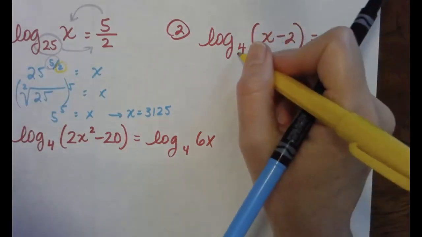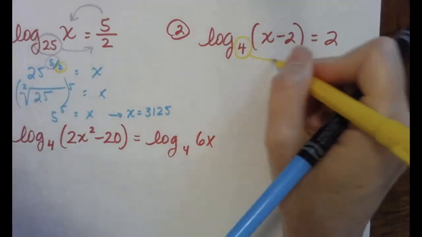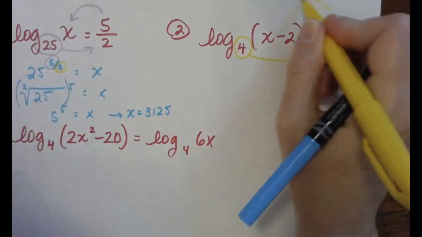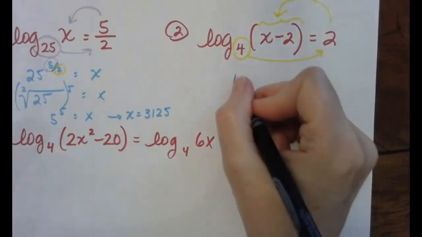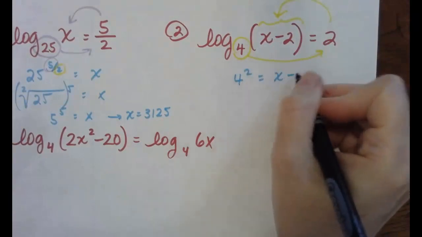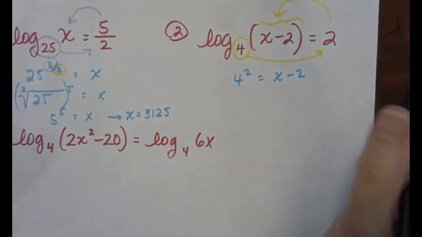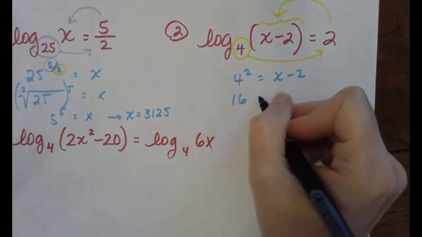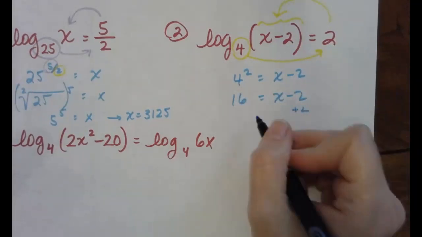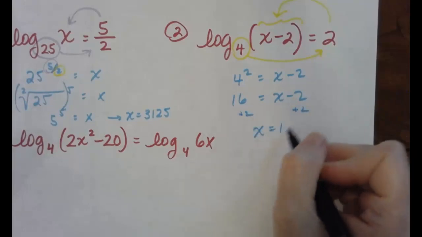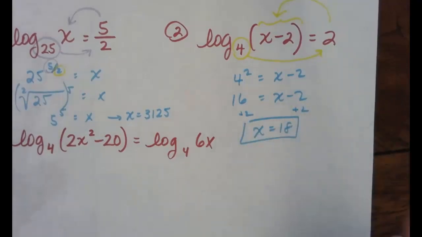Let's go back to an exponential. So 4 to the 2nd equals all of that quantity. 4 squared, of course, is 16. 16 equals x minus 2. And then plus 2, x equals 18 for our final answer.